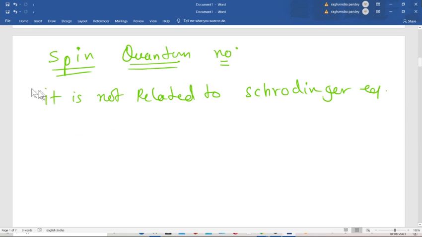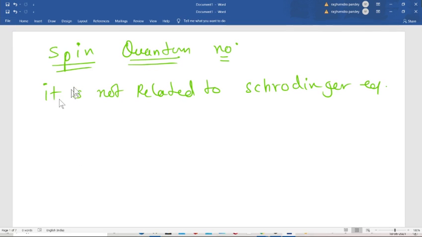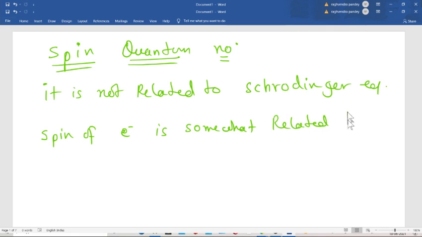Spin is like the spin of a sphere or any spherical thing, just like the earth spins. So the spin of an electron or neutron or proton is somewhat related to classical spin.